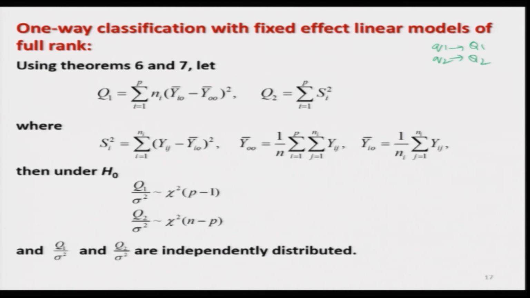So, do you really think that I need to do the same algebra again and again? Sometimes you get a little confused, because Q1 and Q2 here are in a different format than in the case of the likelihood ratio test.